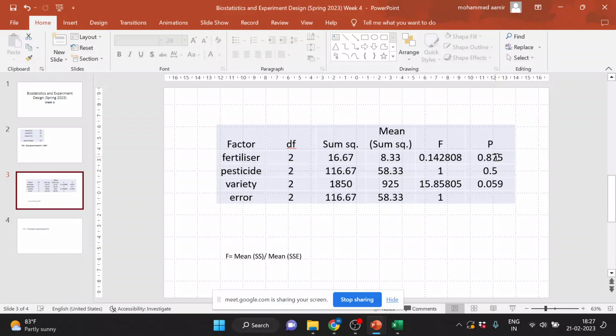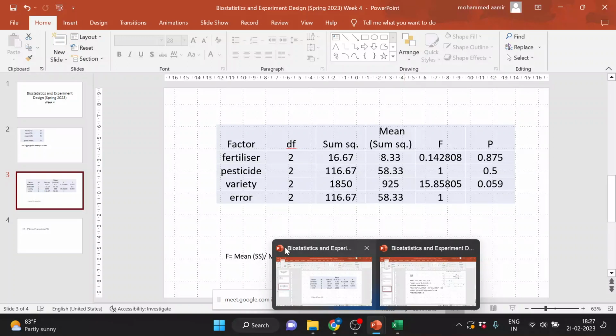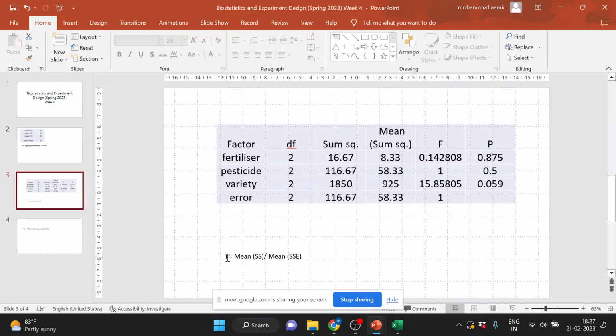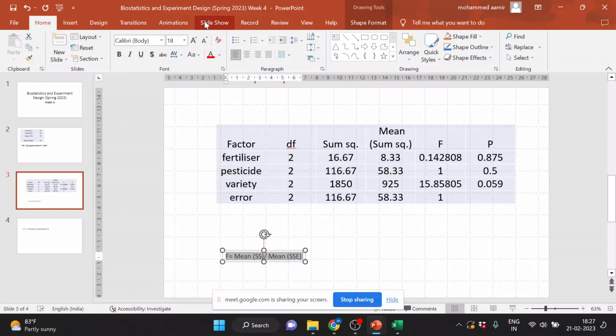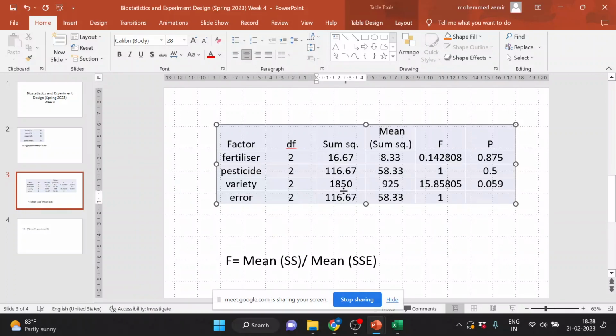Any doubts regarding this? Sir, for error, I didn't get how you calculated the sum of squares and mean sum of squares. For error, what I did was add these three things and subtract that from the total sum of squares, and I get something close to this.